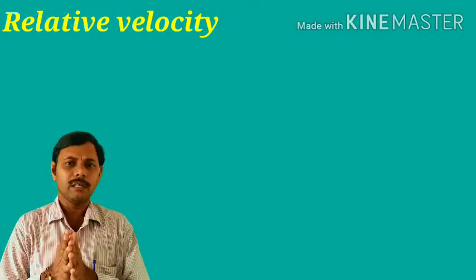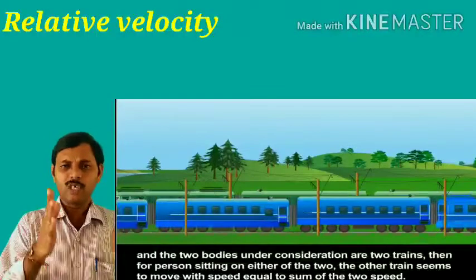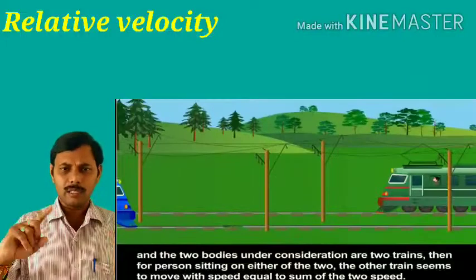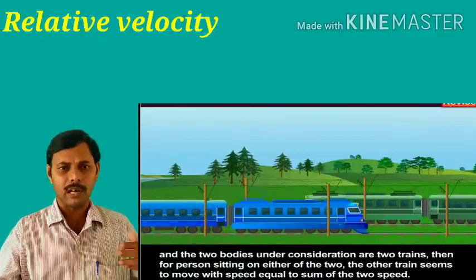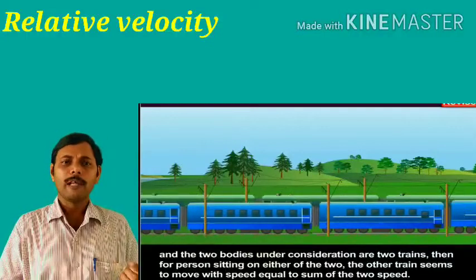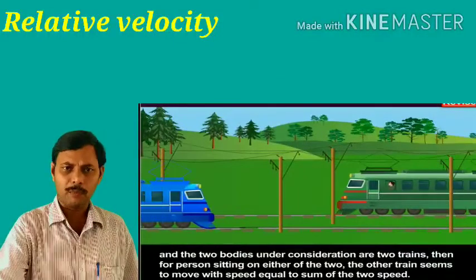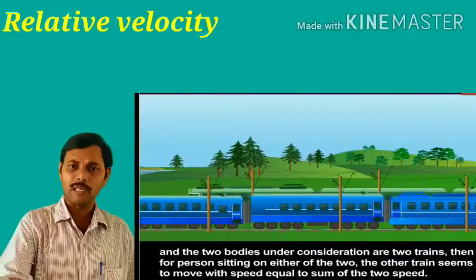now let us consider two trains moving in opposite directions. There are passengers in each train, and the trains are passing each other in opposite directions.